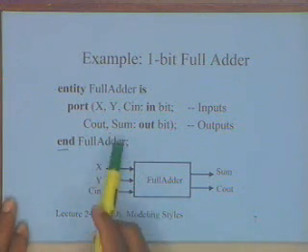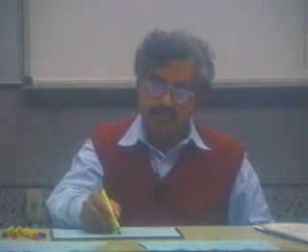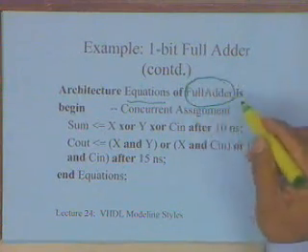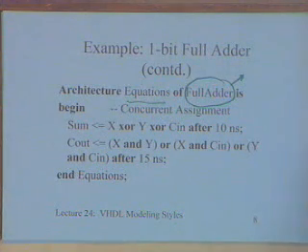Now I will associate an architecture with it, and let me take an architecture which is actually a data flow architecture. We will spend some time understanding this because there are some issues related to it. Architecture equations of, this is just a name, I can use any name. This is important because whenever I define an architecture, I associate it with an entity, and now I have associated it with this entity.